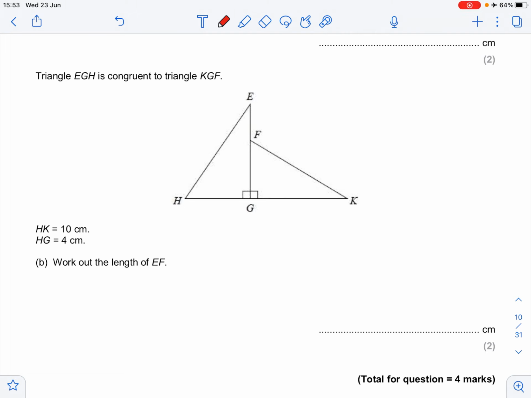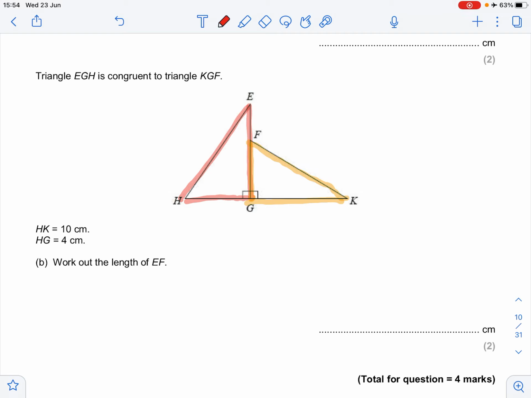We're told we have a triangle EGH, so this triangle here, and this triangle here, KGF, are congruent. If we say triangles are congruent, that means they are exactly the same.